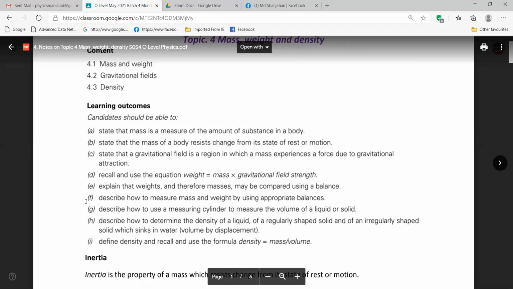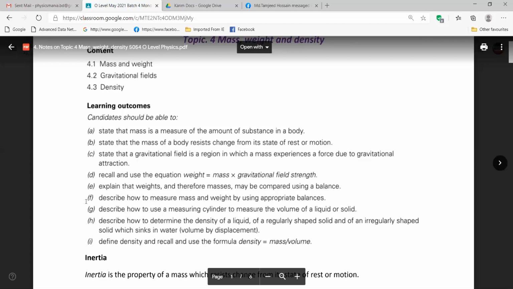Now C, the gravitational field. Gravitational field is a place or region where the gravitational force is working on any mass or any object. You know that in outer space there is no gravitational force working, except near planets. There, one feels weightless, right?